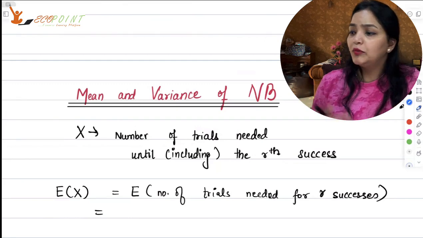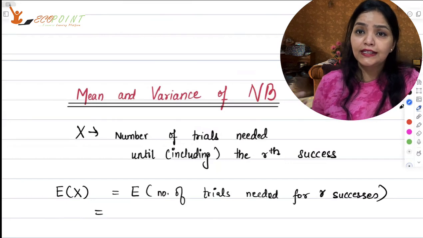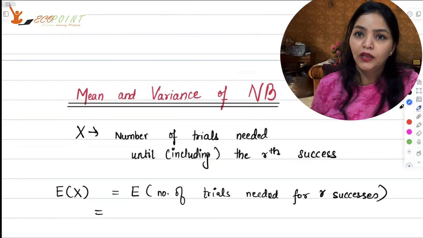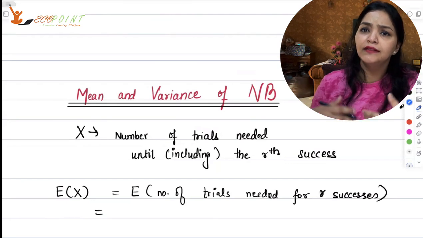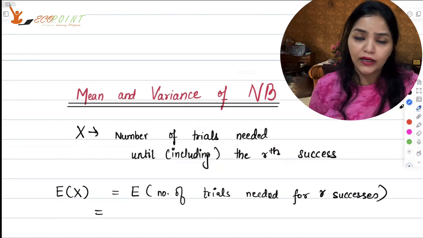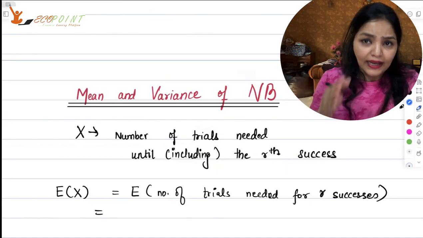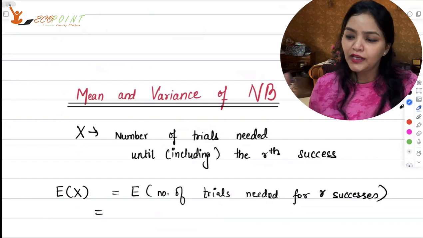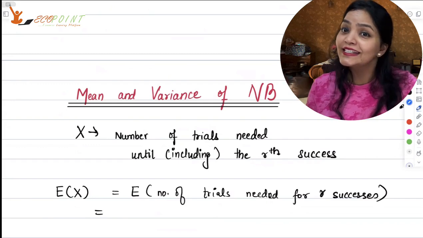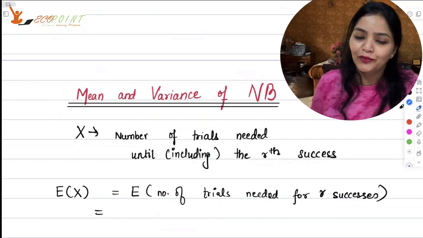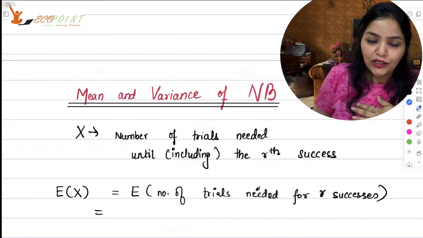If not, then maybe you're taking 4 trials, 5 trials, 10 trials, anything is possible, right? So in that situation, do you think the second success knows that it's the second success? Well, no.